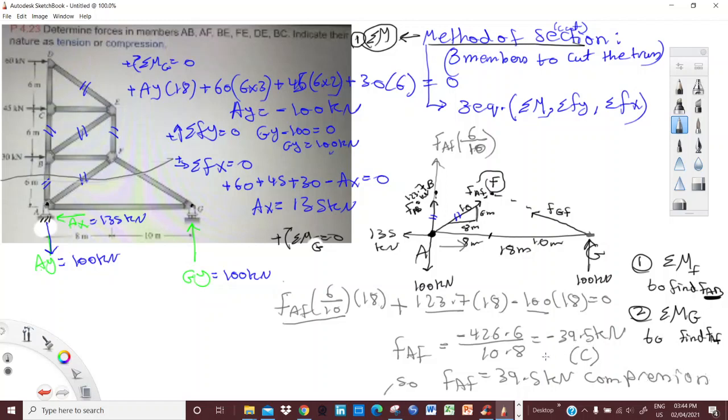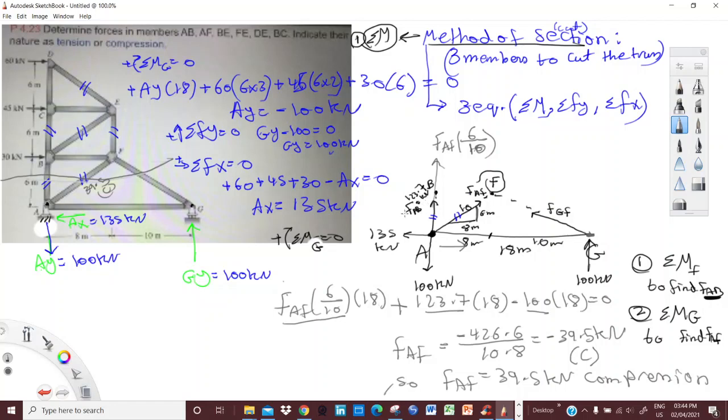Or I can just put it like this, here: AF, 39.5, compression.